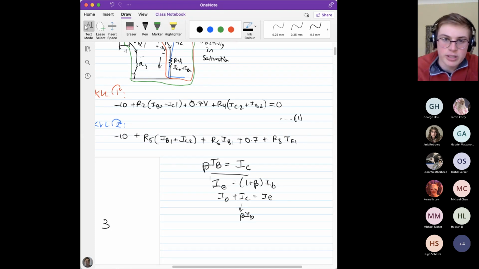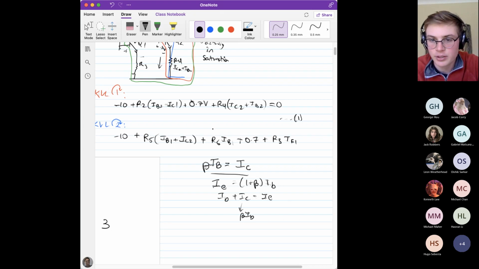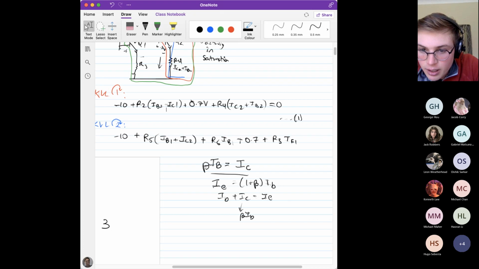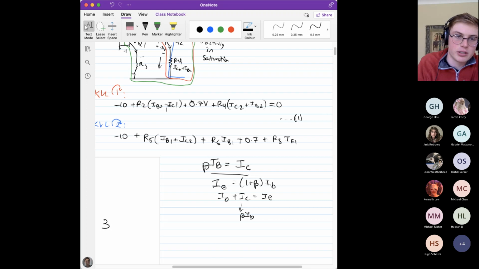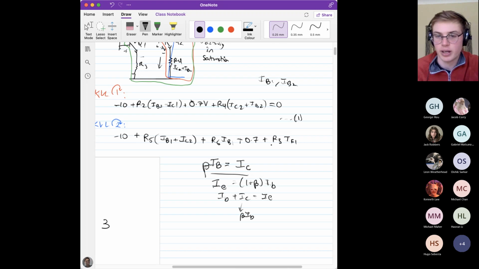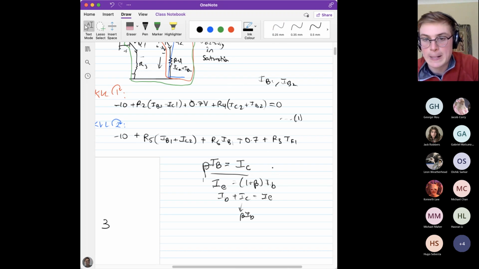So what we can do is pretty much choose anything to replace these. But I guess in the solutions we're going to try and get everything in terms of IB1 and IB2, because once we have those, we should be able to go to our collector currents anyway and find what the biasing is.